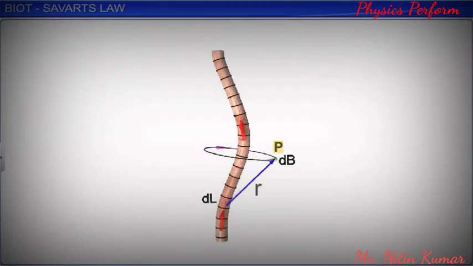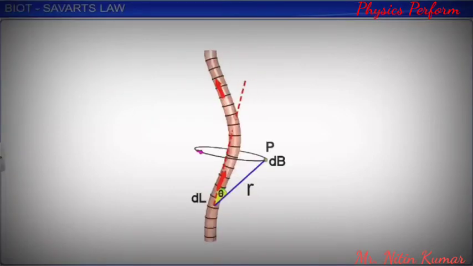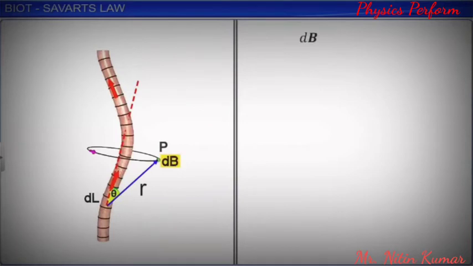Let theta be the angle between the tangent to the element in the direction of the current, which is actually the direction of vector dl, and vector R. The magnetic induction dB at point P due to the element is directly proportional to the current I in the element.